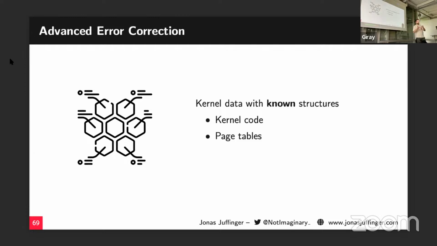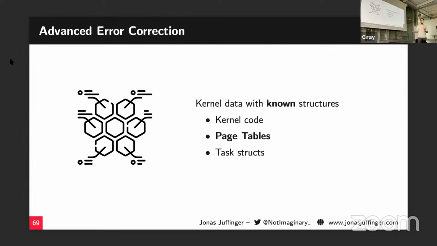Or if one of these bits is 1 where we know it should be 0 in the page table, we just set this bit to 0 again, and we don't have to do the full brute force search. So just knowing about the structure of the data that you want to correct can help you a lot. For example, also task structs. We know for a lot of values, there are specific ranges that make sense and other ranges don't. So if we find corruptions in there, we can correct them a lot quicker than a stupid brute force search, basically.